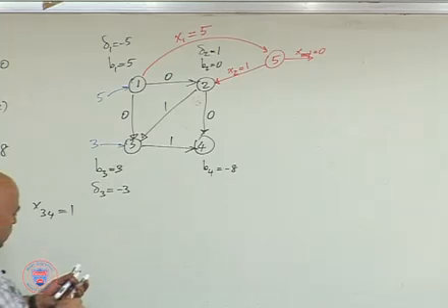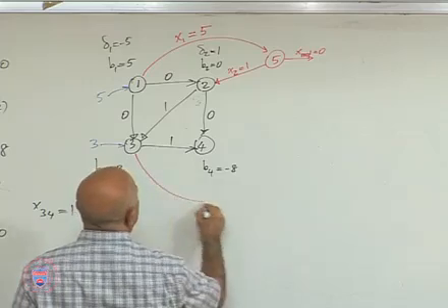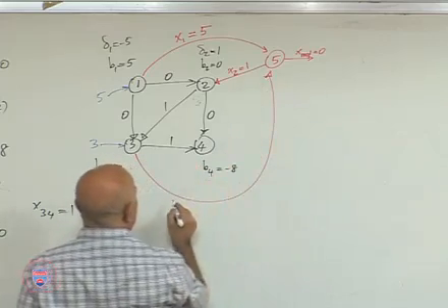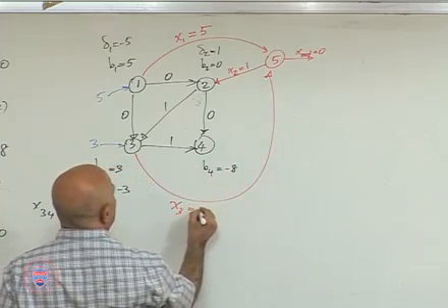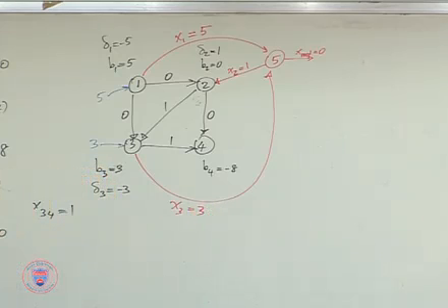Which means I have to have an arc of this kind. x3 is equal to 3. So you're just making everything balanced. That's all you're doing.